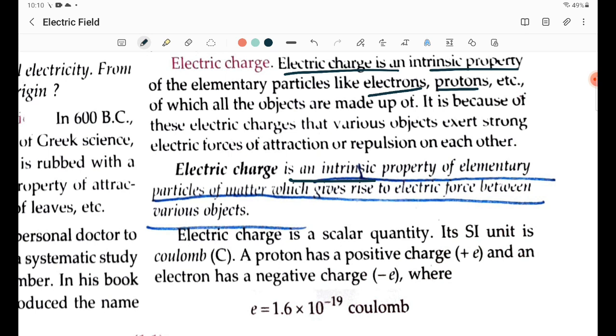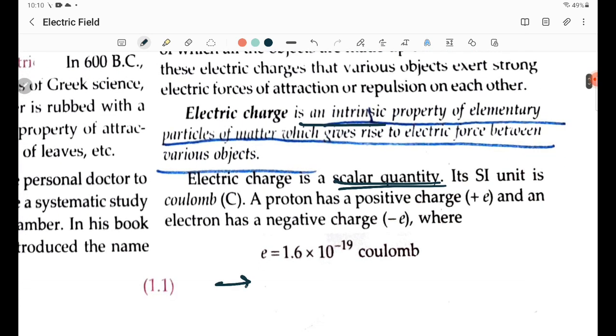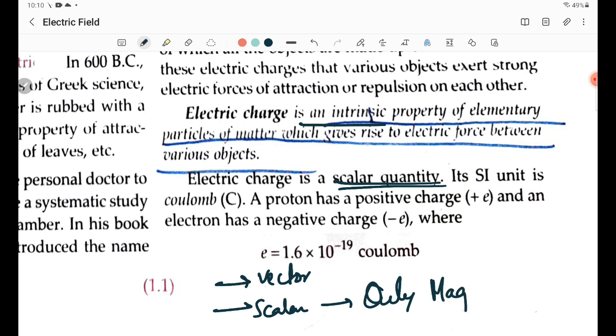And electric charge is a scalar quantity, very important. There are two types of quantity, one is a vector and one is a scalar. A scalar quantity has only magnitude, and vector quantities have both magnitude and direction.